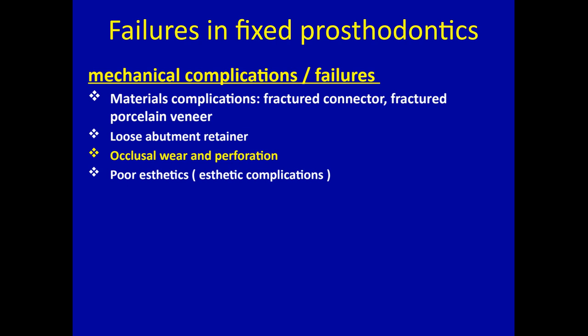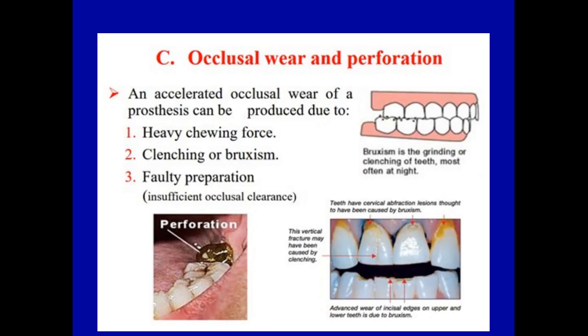Coming to occlusal wear and perforation, mechanical complications and failure. Accelerated occlusal wear of the prosthesis, either crown or FPD, can be produced, and the causes are heavy chewing force, such as in patients with bruxism and clenching, or faulty preparation.